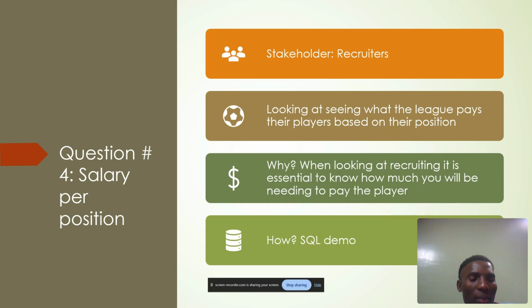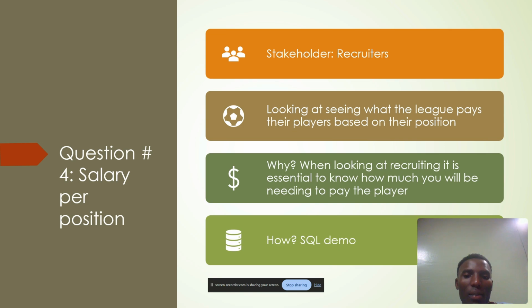Question 4 is salary per position. How do we find the salary paid depending on the position of the player, or the place in the field where the player is positioned? The stakeholder behind that is the recruiters, looking at what the league pays their players based on their position.